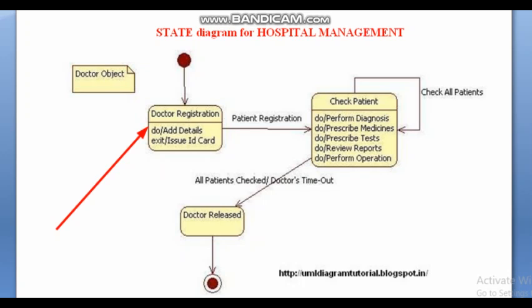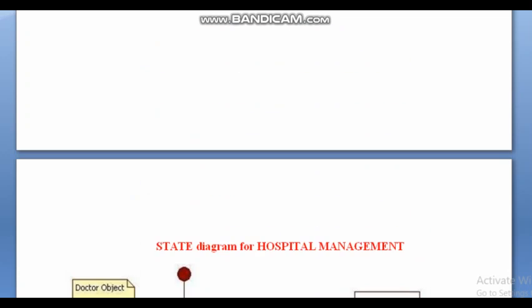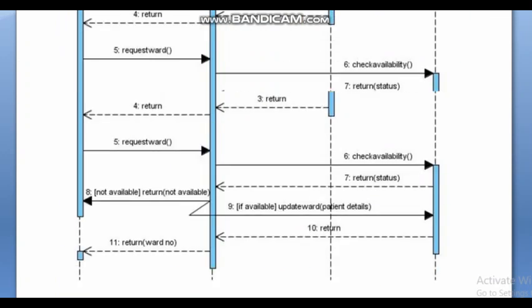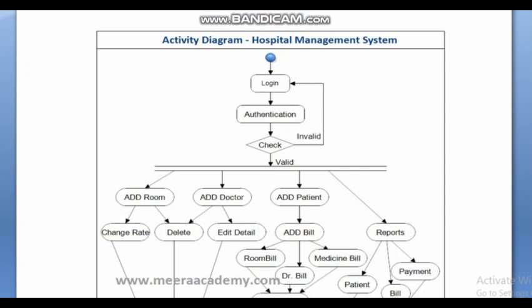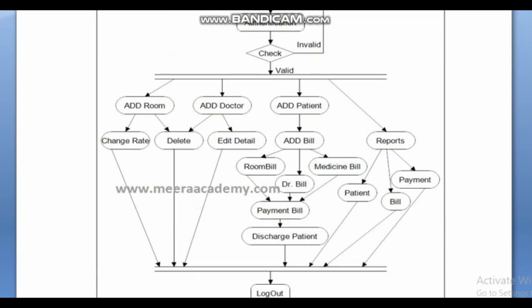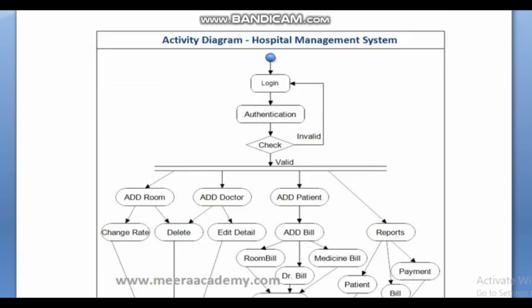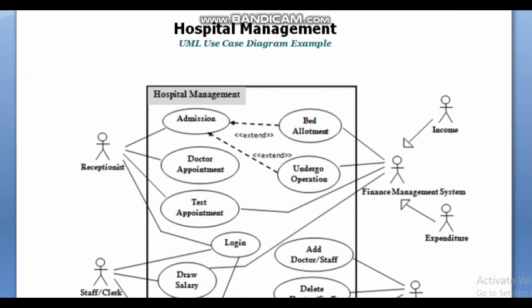All right, so this is all about the explanation of how to draw different types of diagrams. This is one example of a hospital management system. In this way you can take a case study and try to draw different types of diagrams. In an activity diagram, the processing of data is shown between the different components.